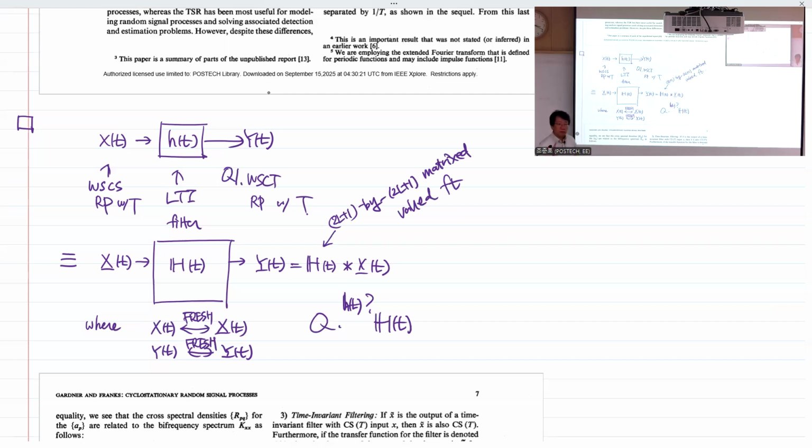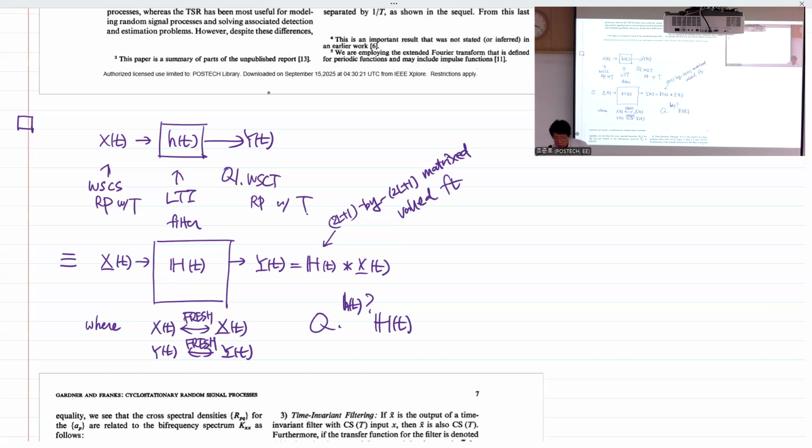So suddenly, very interestingly, single input, single output LTI system has its equivalent form in multiple input, multiple output system. Very interesting, right? Via the transform using the fresh vectorizer and scalarizer.